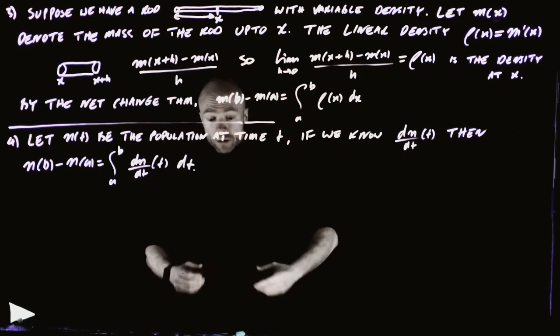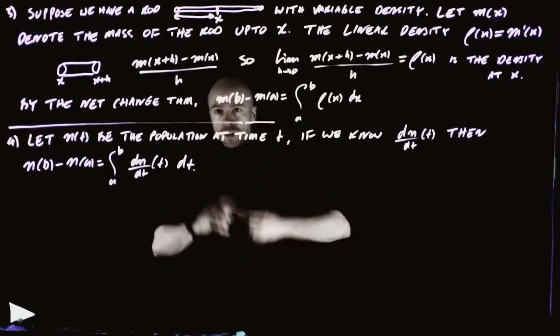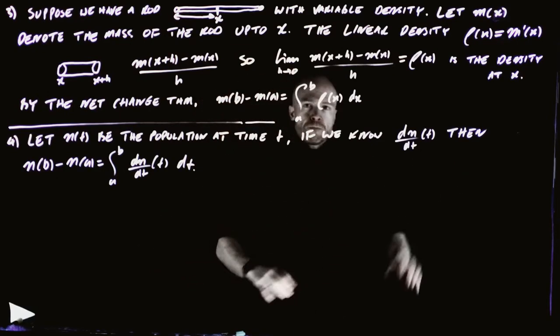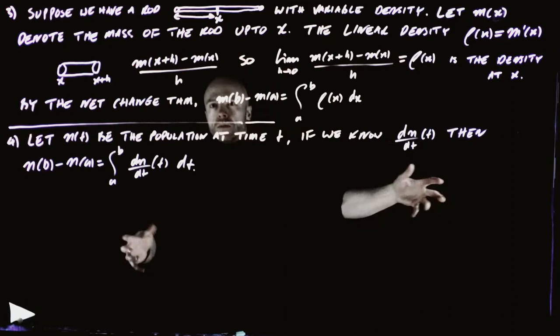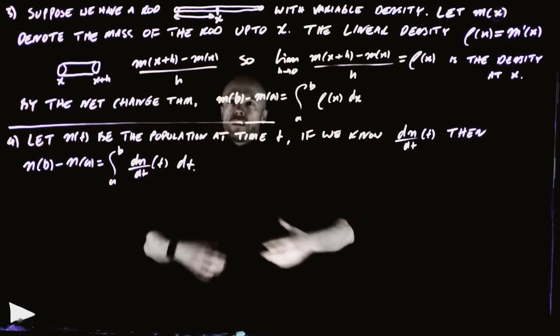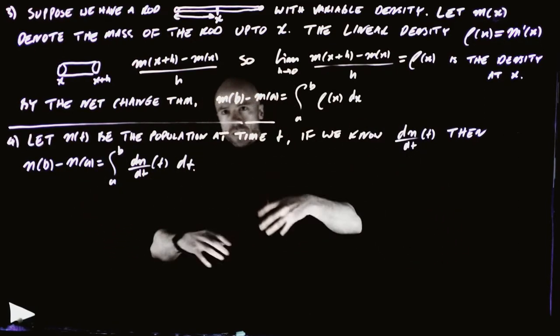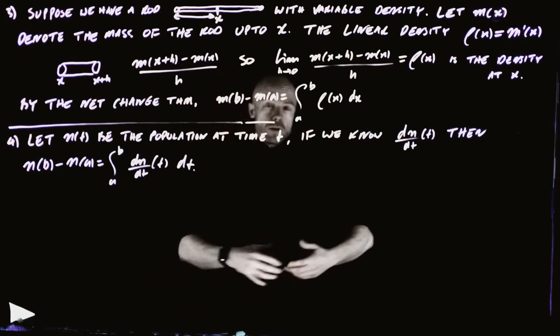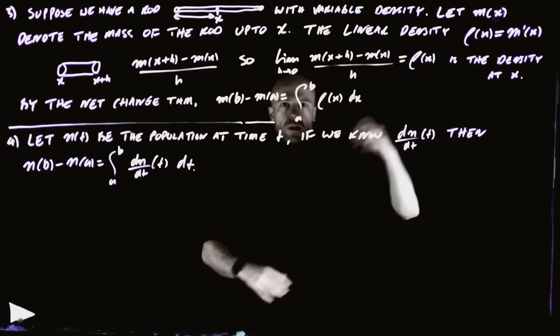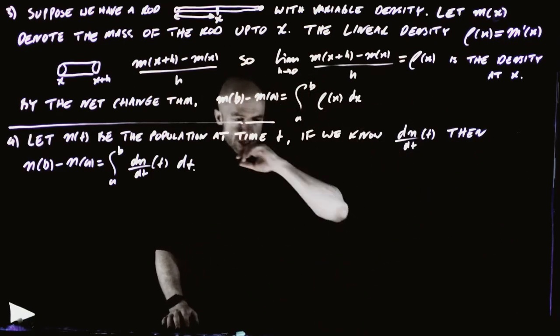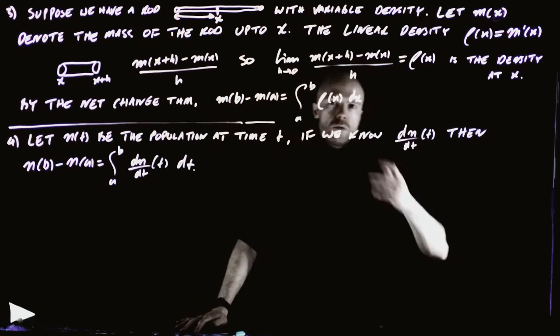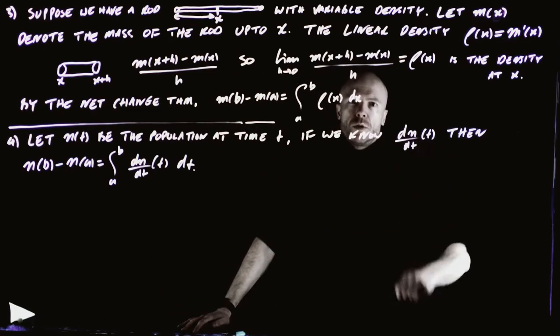You have a record of the number of people reaching voting age, the number of people dying. You also have a record of how many people enter some particular state. They get a new driver's license for that state, and a record of how many people leave. They get a driver's license for another state. They leave. They're no longer there. So you do have a good way to record the rate of change of population.